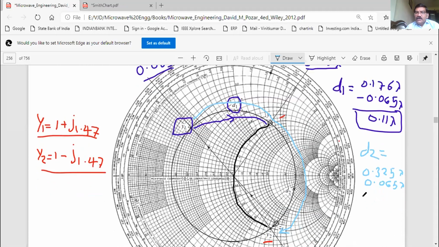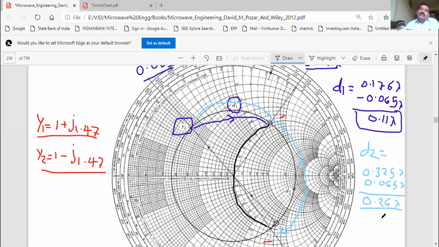If you take the difference of these two, how much is your D2? It is 0.26 lambda. Am I right? Okay, so this is the thing here.